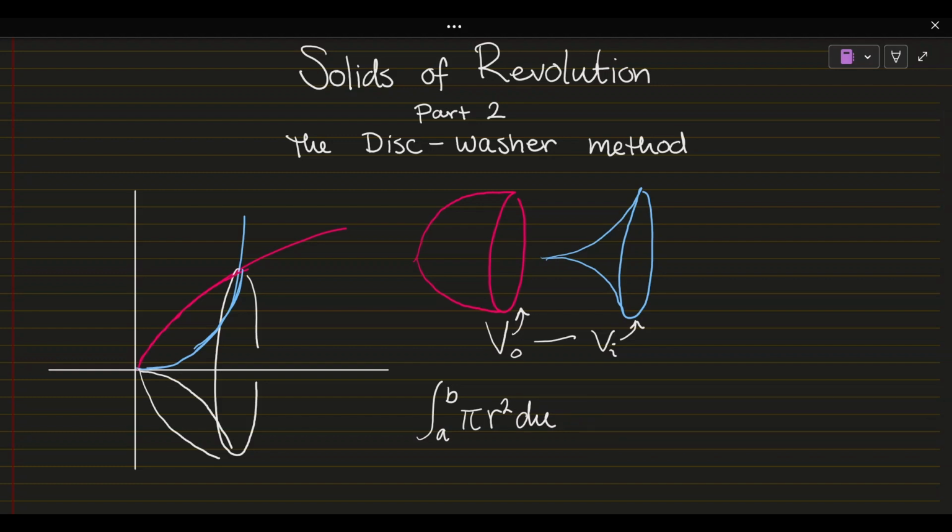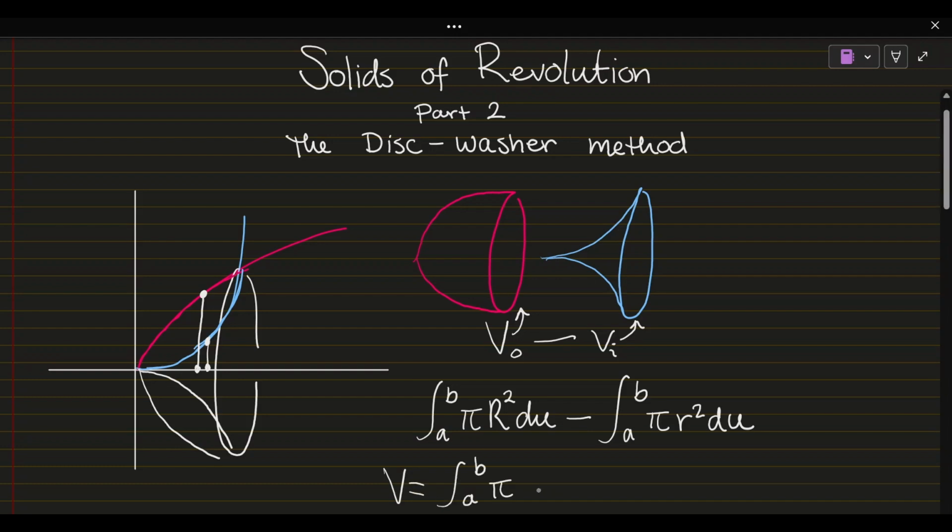We want this to be our outer function, so I'll use capital R for the longer radius. And here we have longer radii here. And we're going to subtract the integral from a to b of pi times little r squared du. Now little r is the radius to the inner curve here. So that motivates our formula for the disk washer method. That is the integral from a to b of pi times big R squared minus little r squared d whatever.